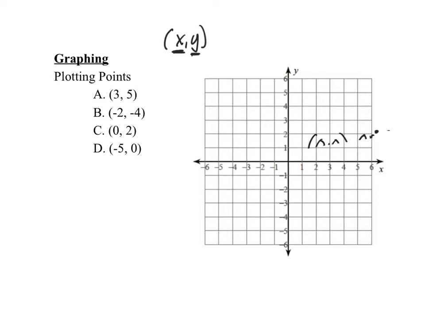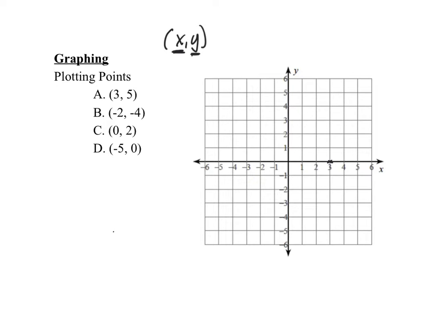Now, I'm assuming most of us, or all of us, have done this before, so this is not new. This is just a review. The first point, point A, is the point 3, 5. So 3 is the x, so you move over to 3 on the x-axis. I'm just going to make a little x right there. And then the second number is a 5, so I have to go 5 on the y-axis going up.